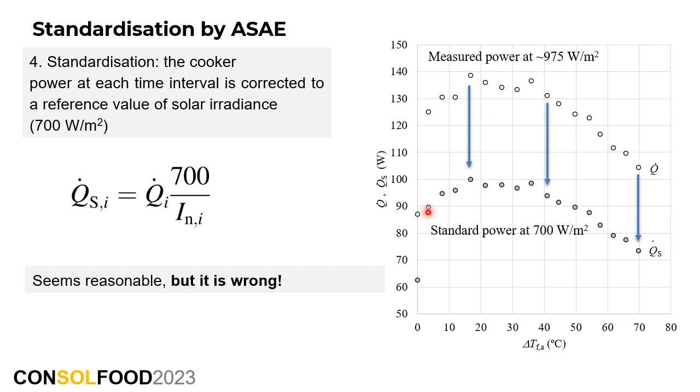And then here you can see the corrected cooking power that is called standard cooking power and is corrected to 700 watts per square meter. So the standard cooking power is proportional to the original cooking power and proportional to the irradiation. It seems reasonable, but it is wrong.